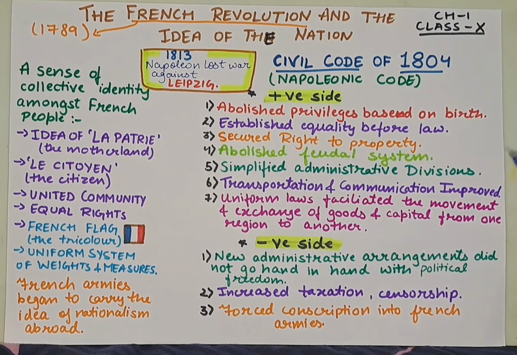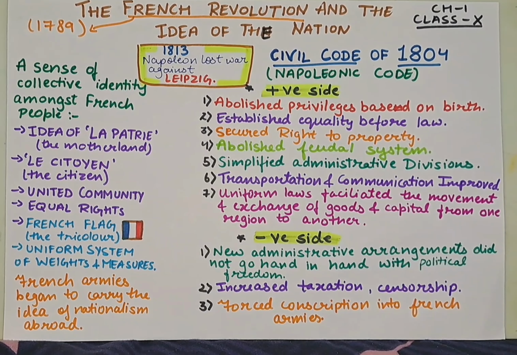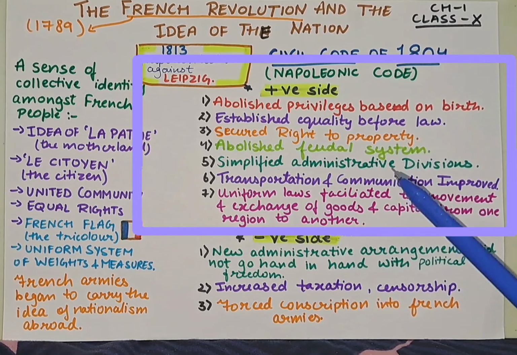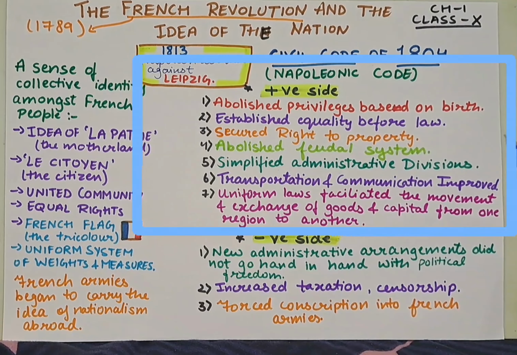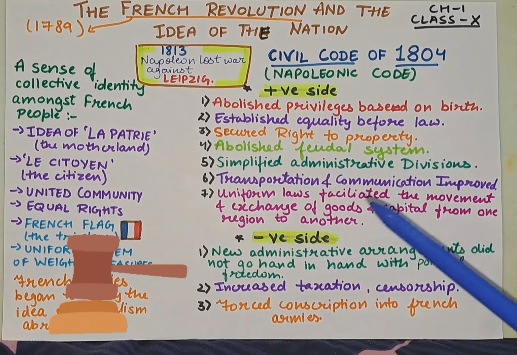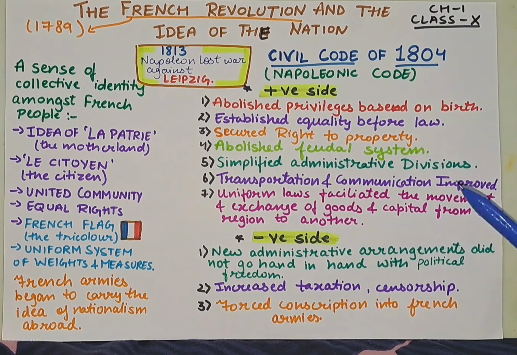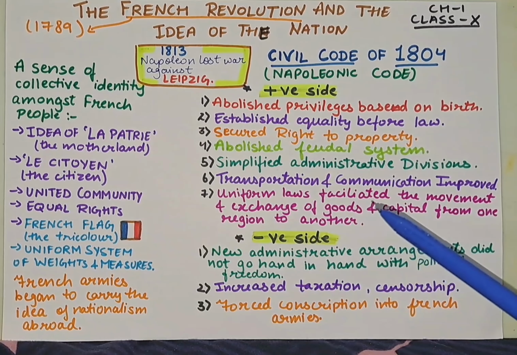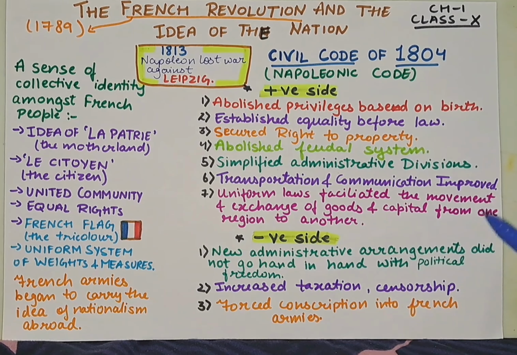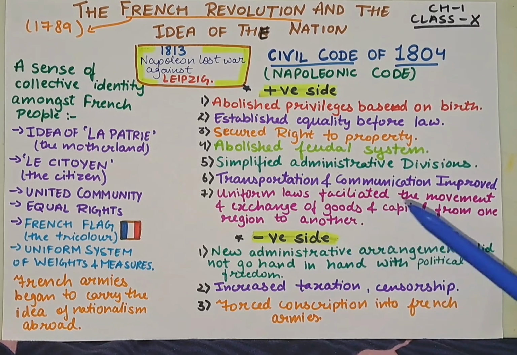Now, there are some positives and some negatives of this policy. The positives are that it abolished privileges based on birth. He established equality before law, secured the right to property, abolished the feudal system, simplified administrative divisions, and improved transportation and communication. Uniform laws facilitated the movement and exchange of goods and capital from one region to another.